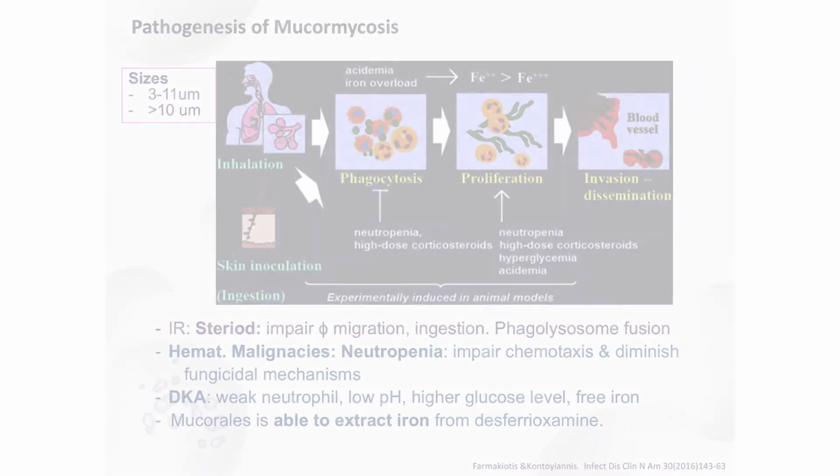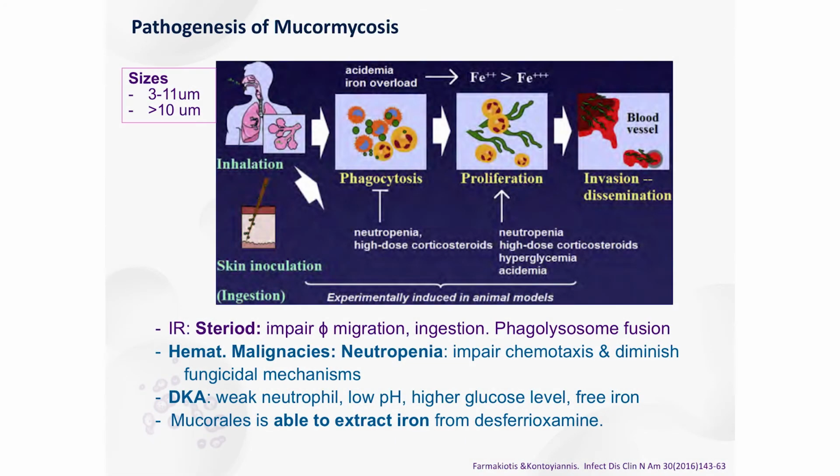We still have something. This is MD medicine. Here is the pathogenesis of mucormycosis. This is normal, into the sinus or the lung, with the size of the spore. They have two sizes, which is a way to differentiate which kind of fungus can go where.